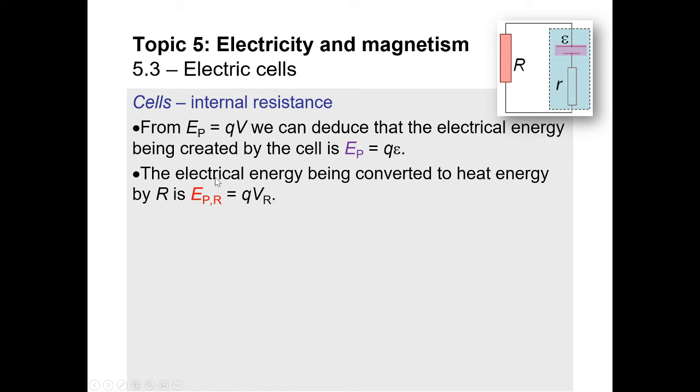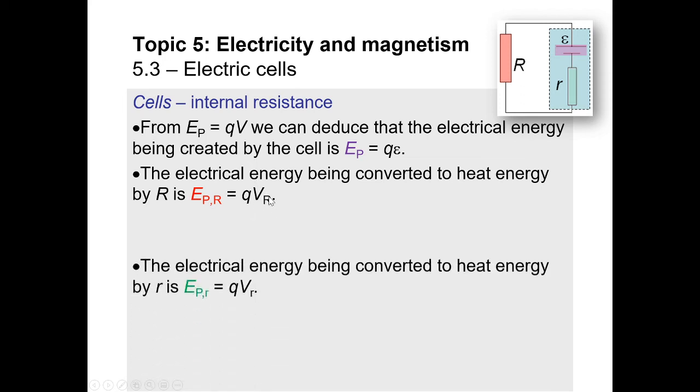Now, like I said on the previous slide, that electrical energy gets converted to other energies when it goes through the resistor. Resistor specifically will turn that electric energy into thermal energy. It gives off heat, which is why it's insulated. It's covered with a piece of ceramic, and ceramic is an insulator. So the potential energy at the resistor is equal to Q times V sub R. V sub R is just the voltage drop at the resistor capital R.